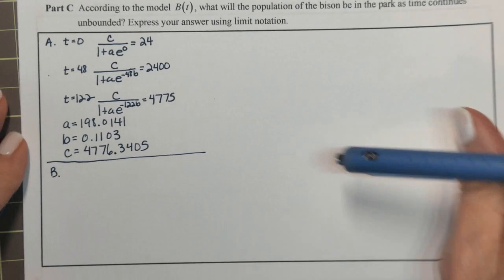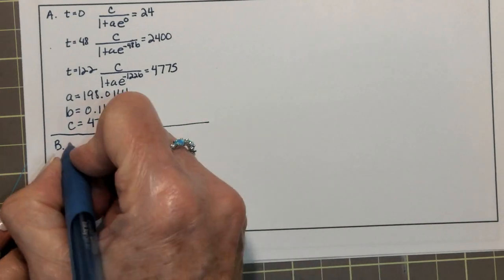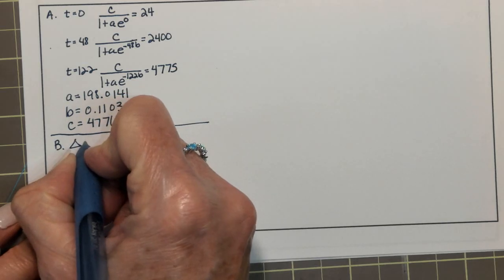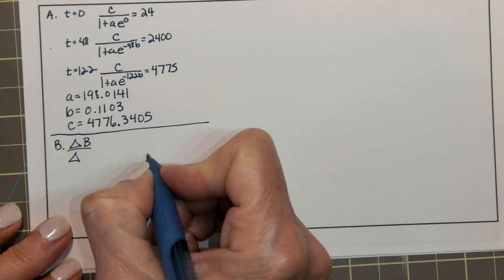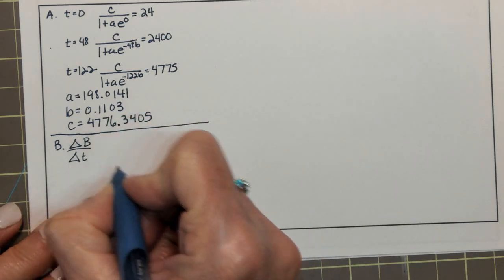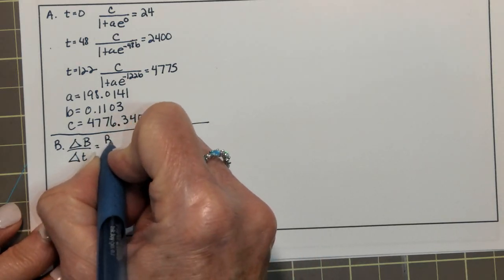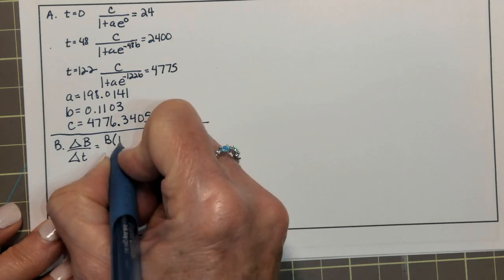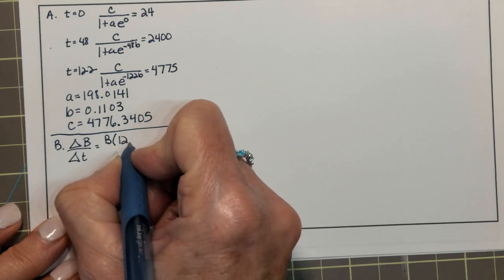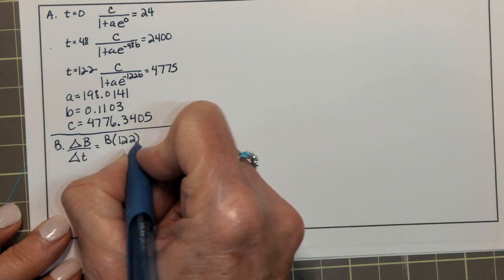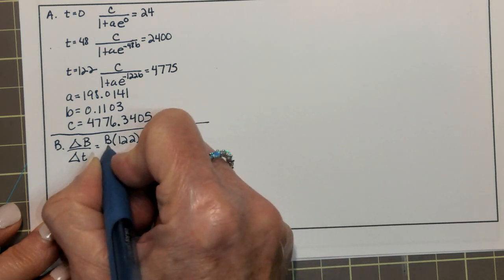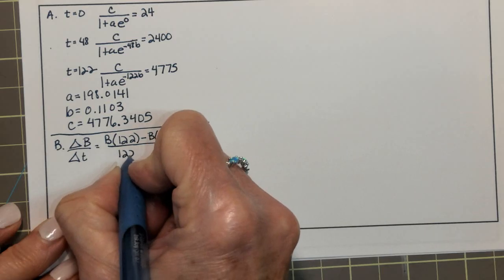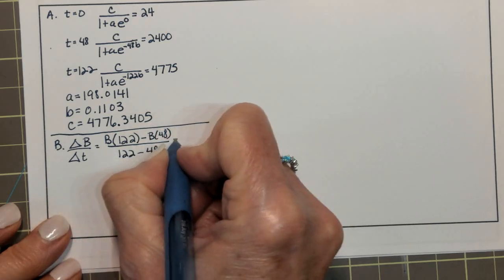Average rate of change is always change in the function, in this case B, divided by change in the independent variable, in this case t. So they want B, and we want it from time 48 to 122. So B of 122 minus B of 48 divided by 122 minus 48.